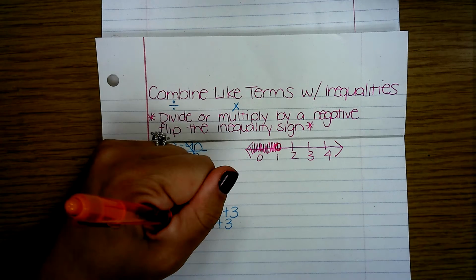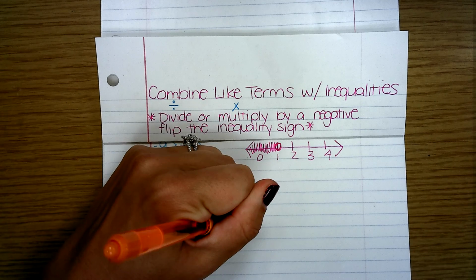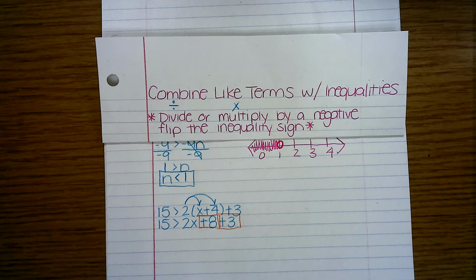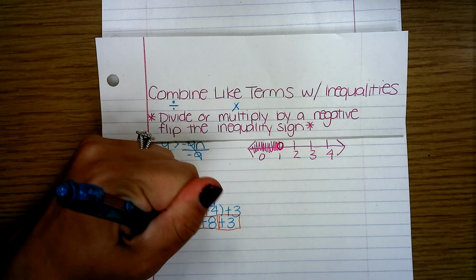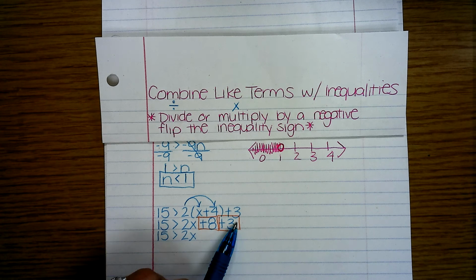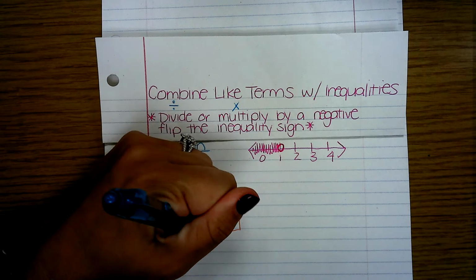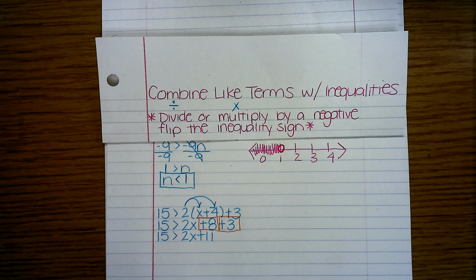Now I see I've got two constants that are able to be combined on this right-hand side of the inequality. So 15 is greater than 2x. We've got a positive 8 and a positive 3. When I combine them, I get plus 11. So now it's a two-step inequality, but we want our variables on the left-hand side. So I'm going to rewrite this statement with the variable first.